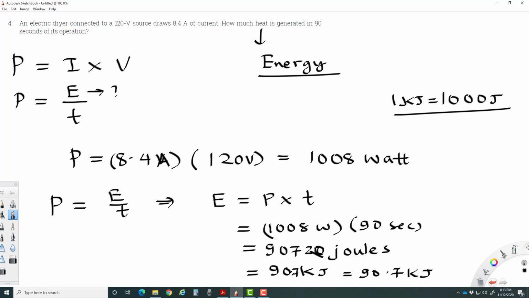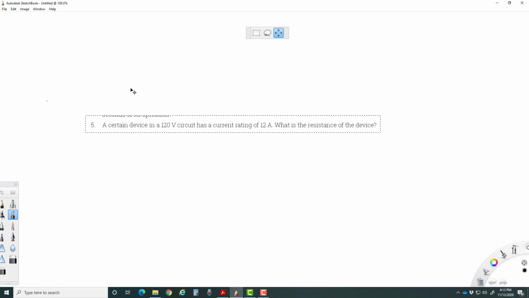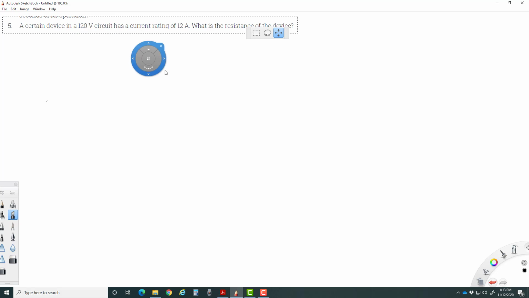Okay, so let's look at number 5. On number 5, we have a certain device that is connected to 120 volts.